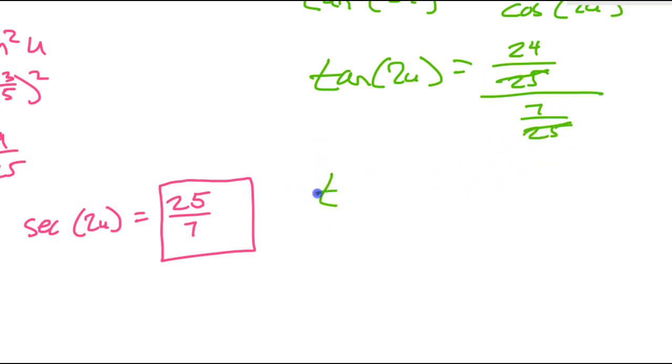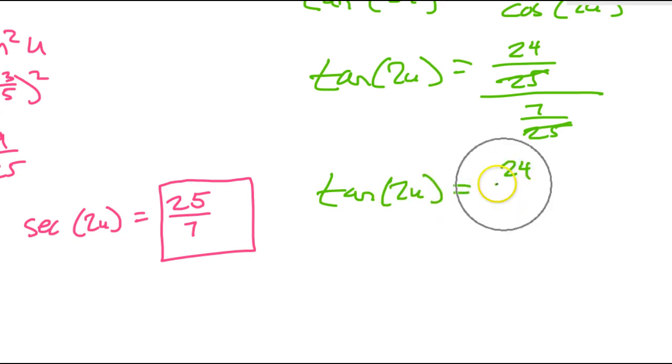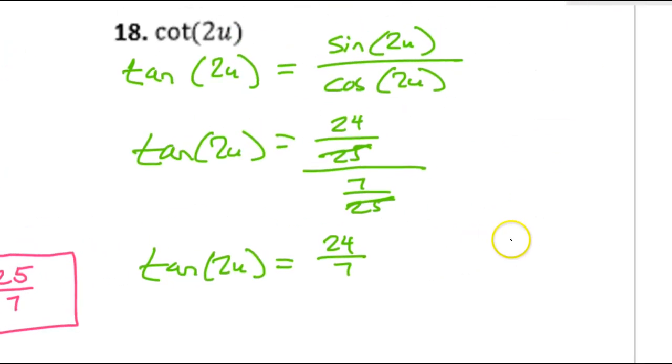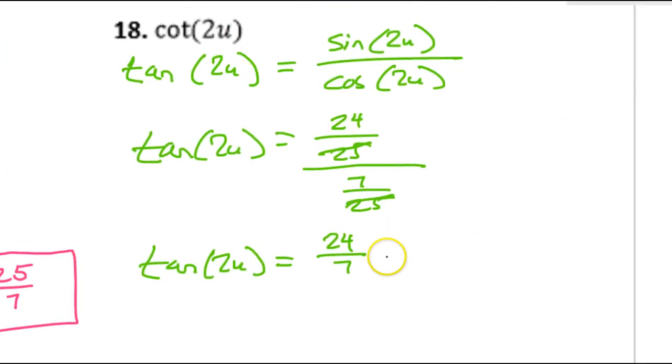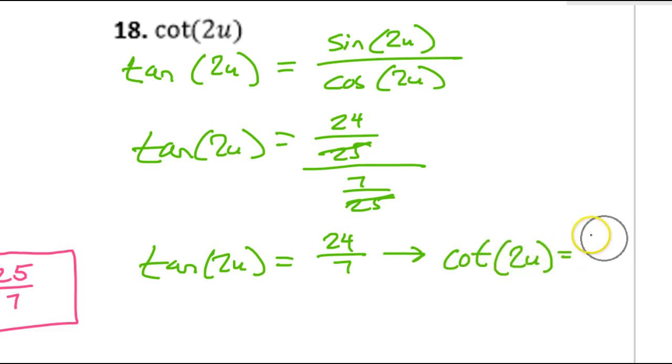So that would tell me that the tangent of 2u is equal to 24 over 7. But what I really wanted was the cotangent. So this tells me that the cotangent of 2u is going to equal 7 over 24. So that is going to be the final answer.